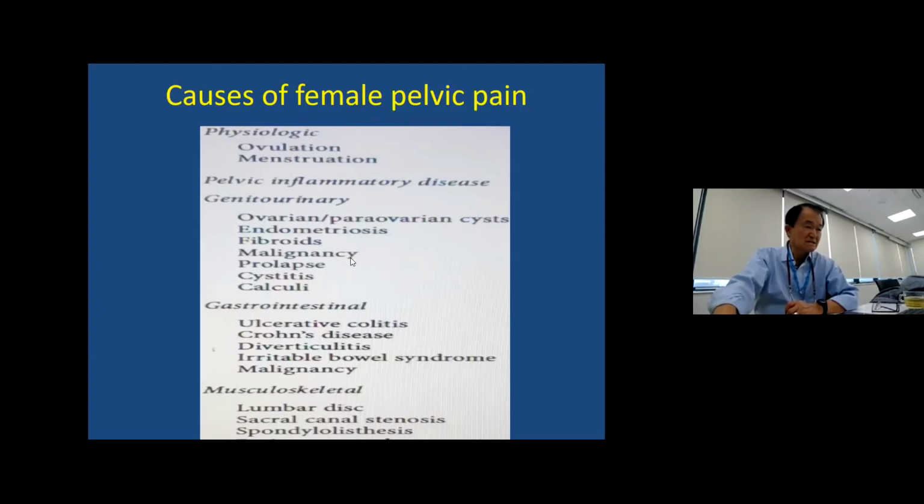And certain malignancy, some prolapse of the uterus or bladder, cystitis, certain calculus, very severe pain. Gastrointestinal causes like inflammatory colitis, Crohn's disease, diverticulitis in American ladies, and irritable bowel syndrome, very common. Also malignancy, and lumbar disc disease, sacral canal stenosis, spondylolisthesis rarely cause this kind of pelvic pain.